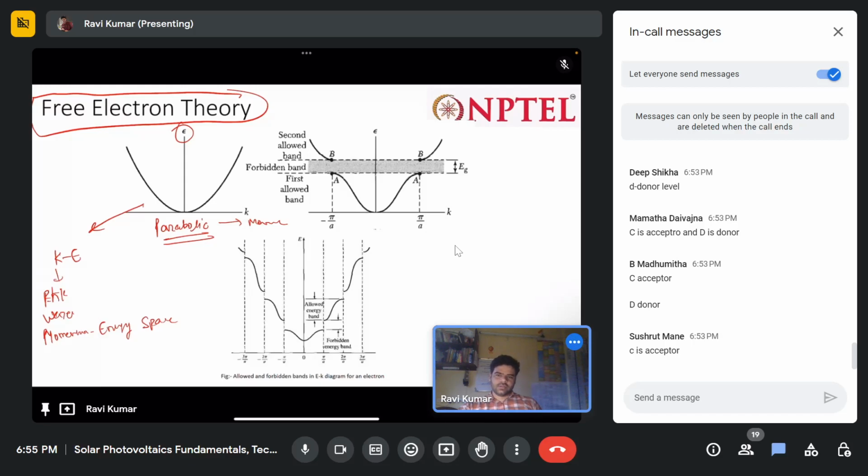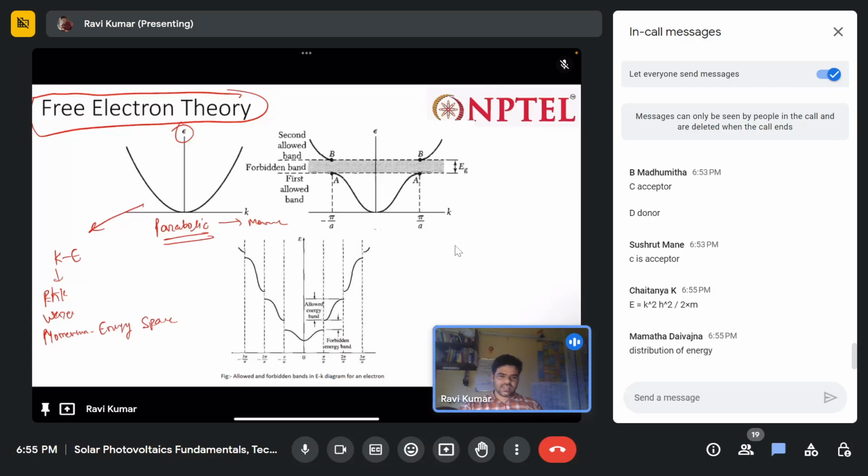Just think about it. E equals h square k square, distribution of energy.